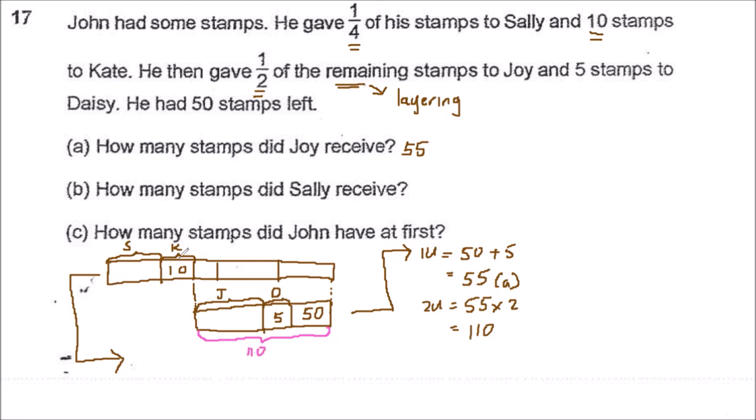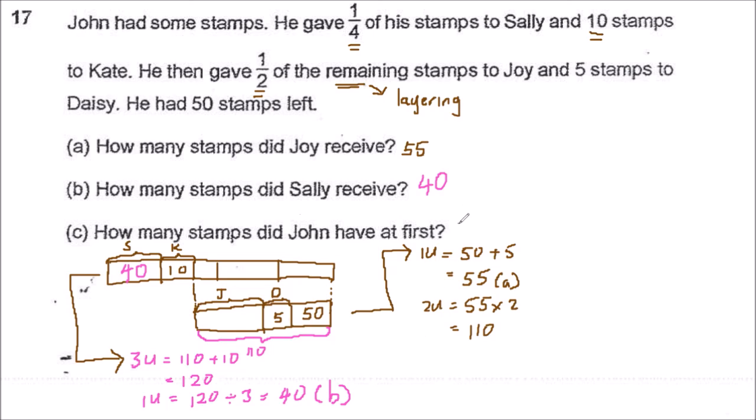If you look at the top 1, 2, 3, 3 units is actually 110 plus 10. So I will have 120. So 1 unit would be 120 divided by 3. That will give us 40, and that will be this Sally. 1 unit is 40, so this will be our answer for part B. And lastly, how many stamps did John have?